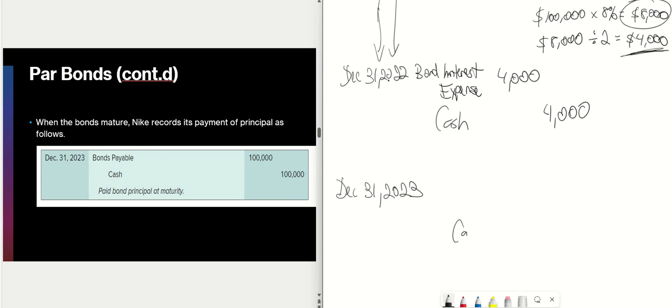So you're going to go ahead and credit cash for $100,000. And what was that cash payment for? It's to pay off that liability in full, which is going to be debited to bonds payable for that same amount. And you're only making this payment at the maturity date as of December 31st, 2023.